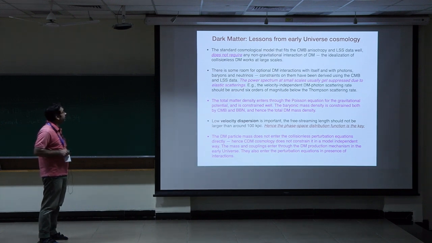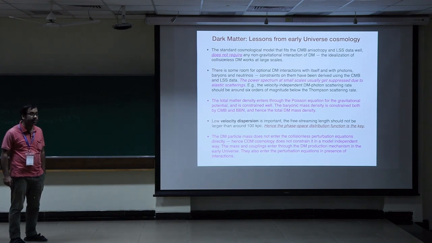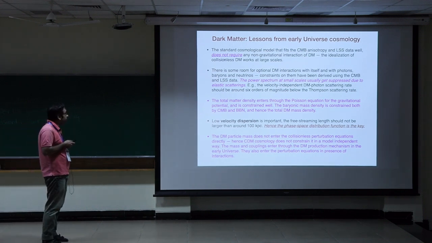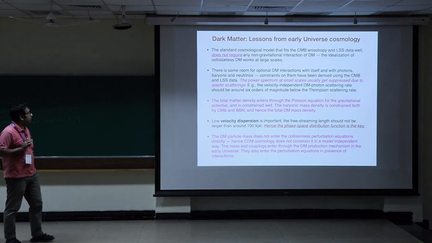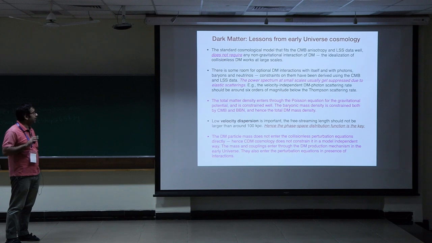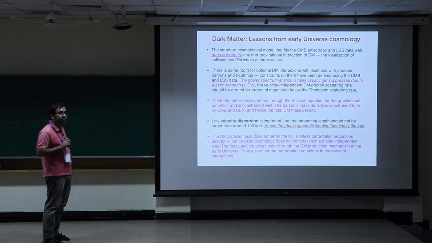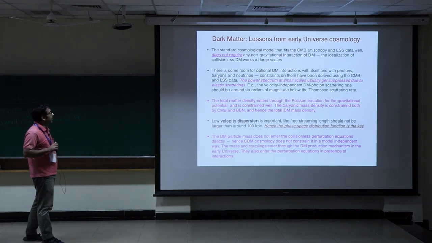The idealization of collisionless dark matter works well at large scales. There is, of course, some room for optional dark matter interactions with itself and with photons, baryons, and neutrinos. And there are constraints on them that have been derived using the CMB and LSS data by many groups.